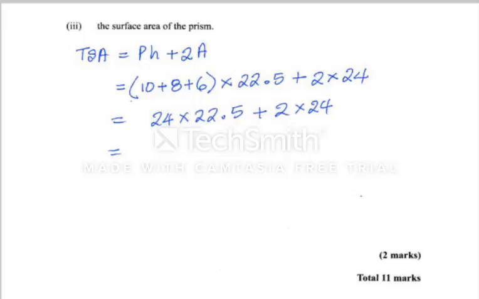So if you put that all in your calculator, 24 times 22.5 plus 2 times 24, and press equal, what we get is 588, and this is centimeters squared. So the total surface area is 588 centimeters squared.